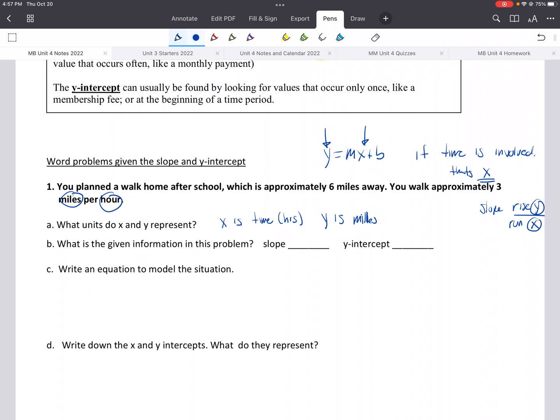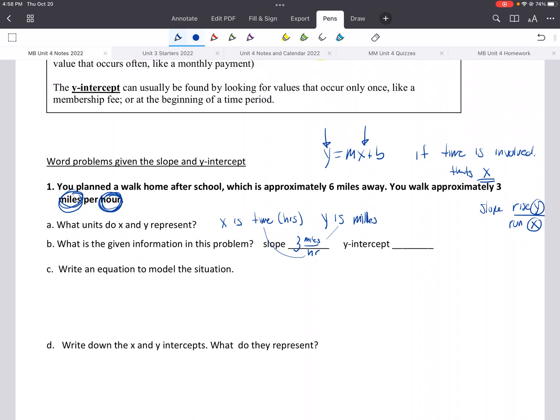So if you have your slope, miles is your numerator, that's your rise, that's your y. Hours is your run, that's your x. So your slope here is 3 miles per hour. That's just another way to think of it, if that helps.